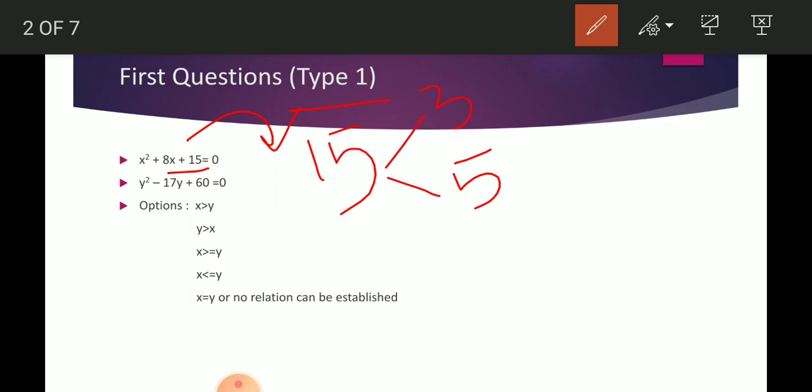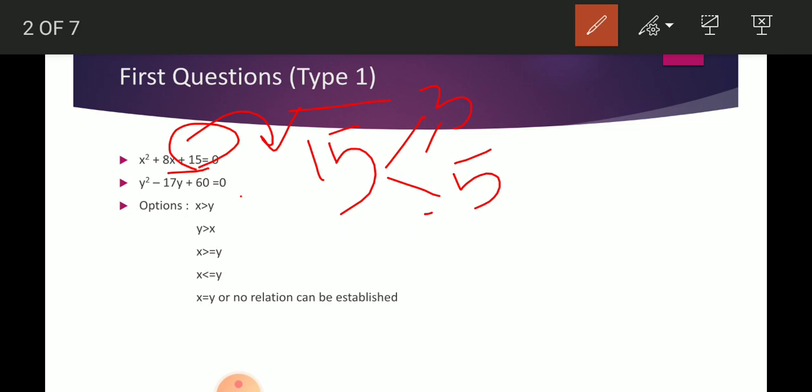That is, in this case the higher value is 5, so the sign before 5 will be negative. And since the sign before this constant term is positive, both roots will have same sign, so the sign before 3 will also be negative. Okay, these are our two x values.